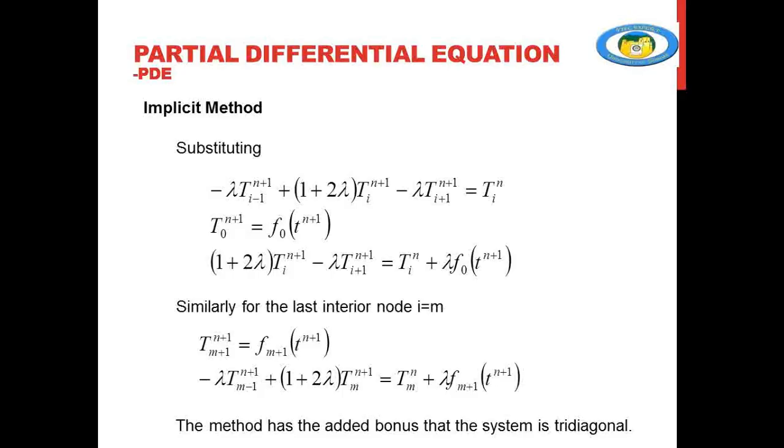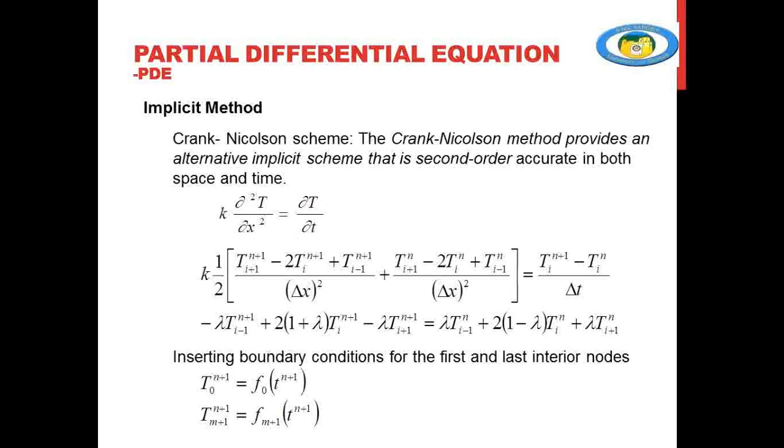But typically, instead of using this implicit scheme as it is, we employ other schemes which are an alternative to the implicit scheme, like the Crank-Nicolson scheme.